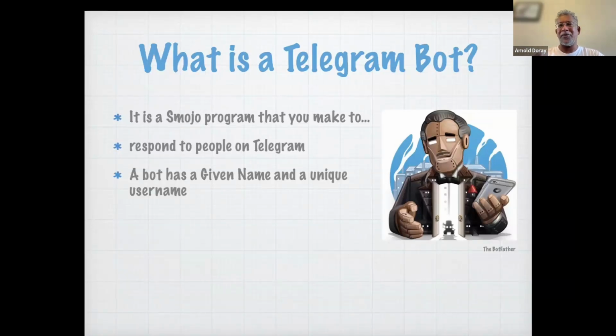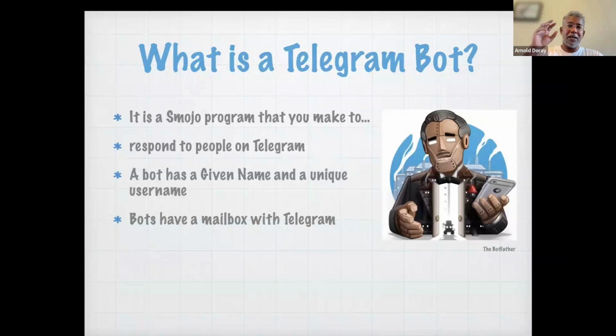When you sign up for Telegram, it will also ask you for a unique username, and that is something you need to key in as well. So every bot needs a unique username. And of course, every bot also has a mailbox with Telegram. When messages come in for the bot, they go into this mailbox where they're stored.